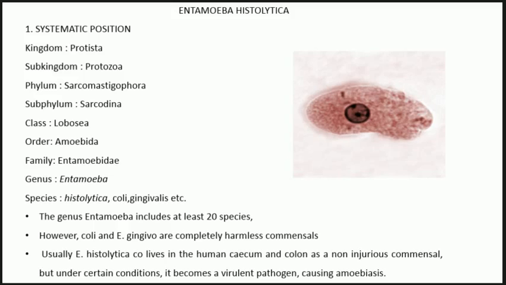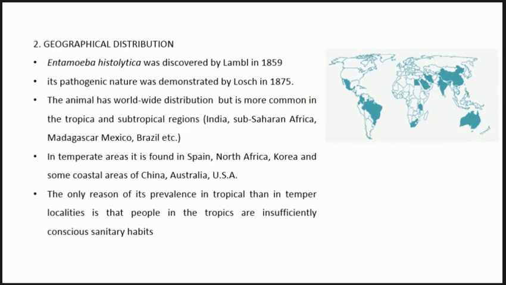Now, where can you find Entamoeba histolytica? If you look at its geographical distribution, it was initially discovered by Lambl in 1859 and its pathogenic nature was demonstrated by Losch in 1875.